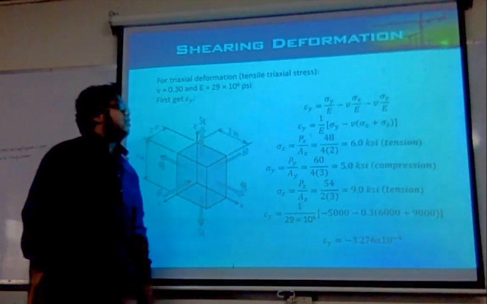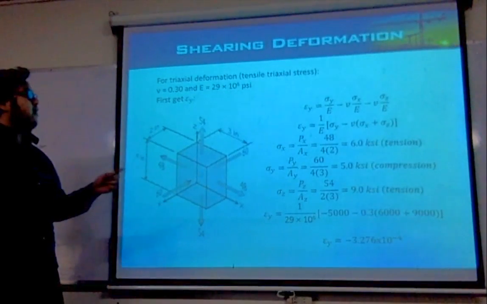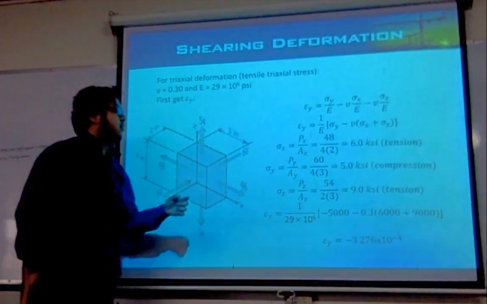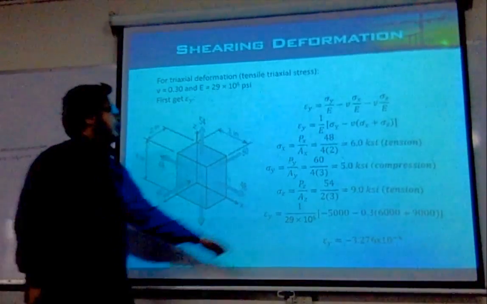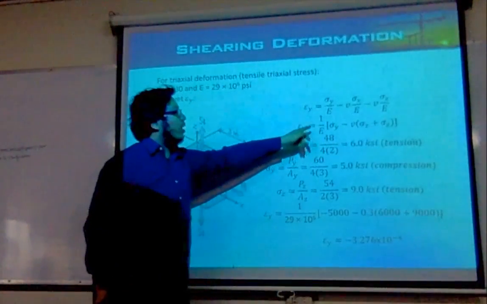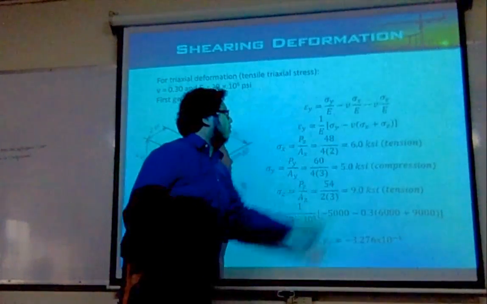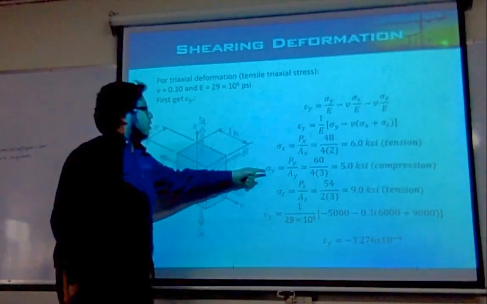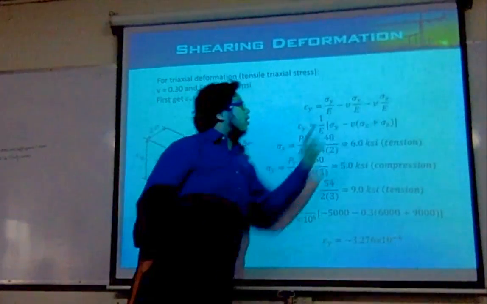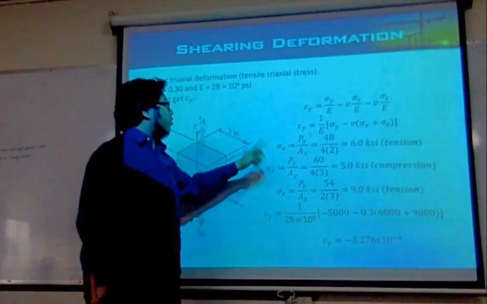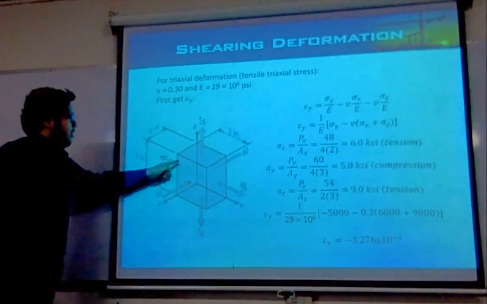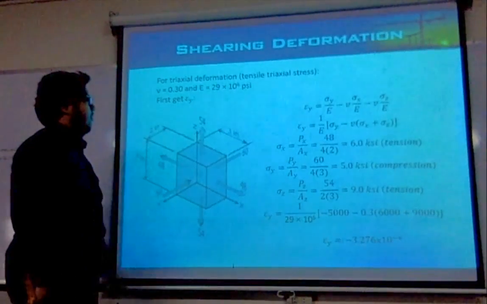It equals stress of y over E plus V times stress of x over E plus V times stress of z over E. We can factor out 1 over E and also V. Since we have unknown stress components, we get them using the areas and the forces given.